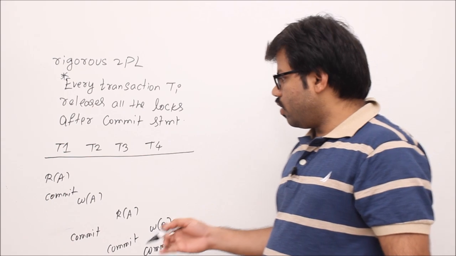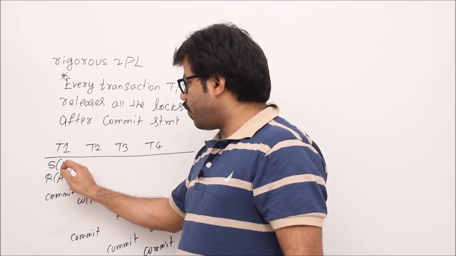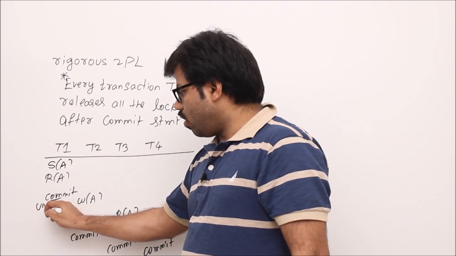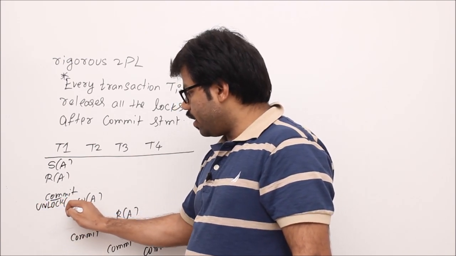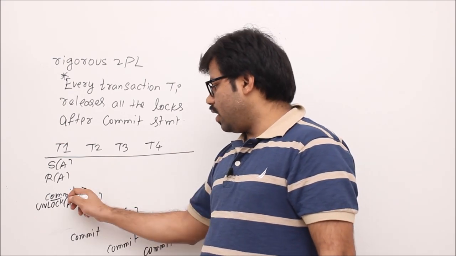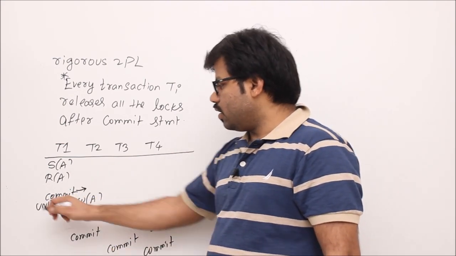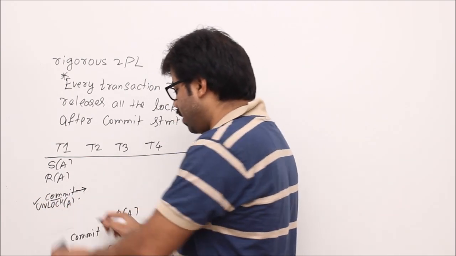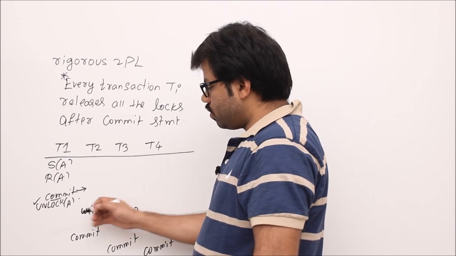Let's try that. First of all, we acquire shared lock of A, but when will it be released? After commit, so you will be unlocking A only here, right? Since this committing point is before this write of A, once this unlocking is done, this write of A, let me write a little bit downside.